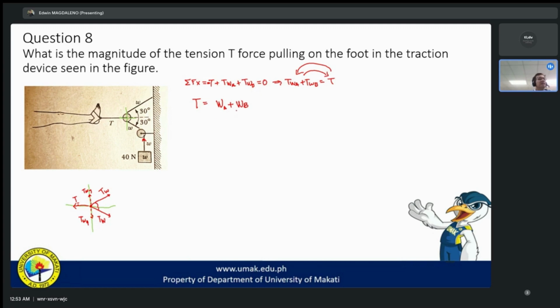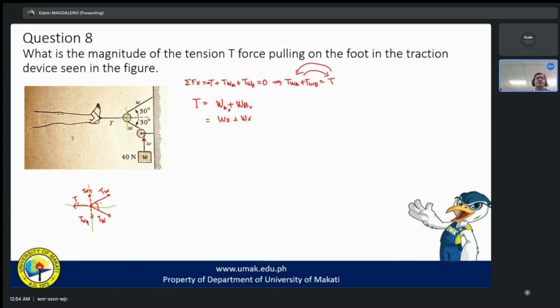So, hinahanap natin is WA plus WB. But rather, itong WA natin is WAX and WBX. Or simply that is WX plus WX kasi parehas lang yan. Pinaghiwalay na natin yung A and B pero parehas lang sila. Ano na yung WX? WX is W cosine of 30 degrees.